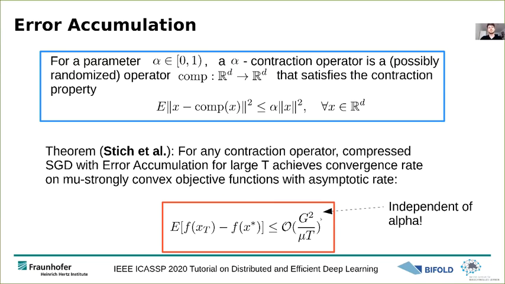So this basically tells you that you can compress everything away, and as soon as you accumulate the errors, and as soon as this alpha doesn't become 0, or it doesn't become 1, as soon as this is ensured, you will still converge at the same rate, asymptotically, of course.